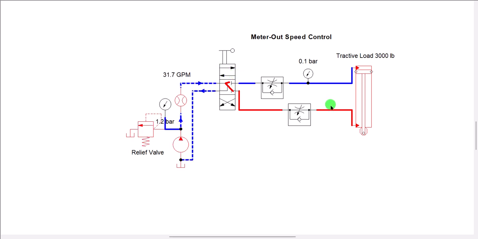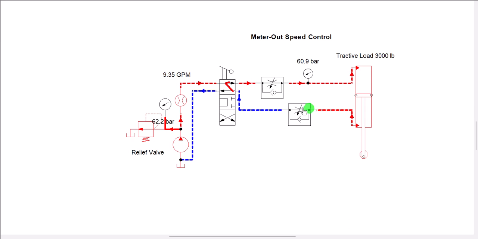So what happens is the incoming fluid does not control the speed. This one is not controlling the speed of extension. This one does. The outgoing fluid is affecting the speed. Because of the way they're connected, the fluid under the piston is not connected directly. So if I switch to this and freeze it in time, you can see the fluid on the rod side is not directly connected to the tank.